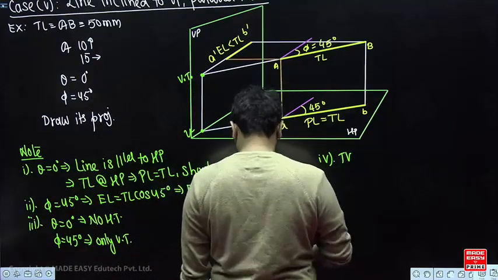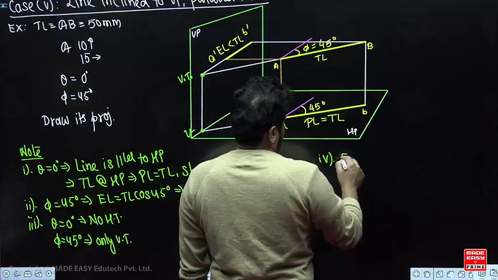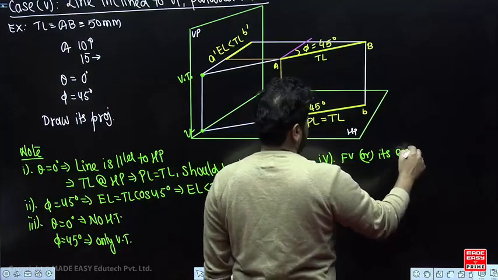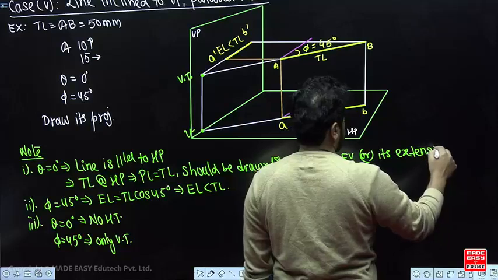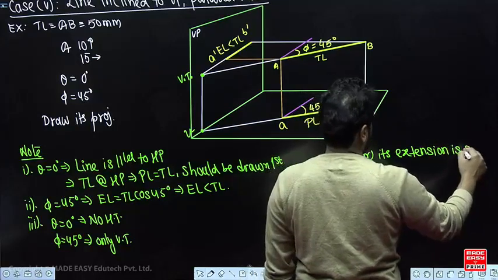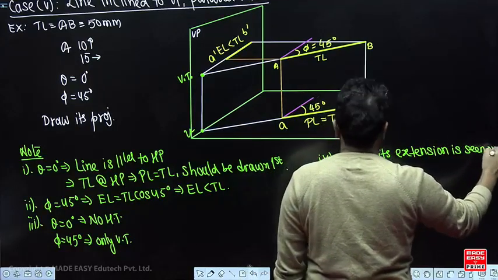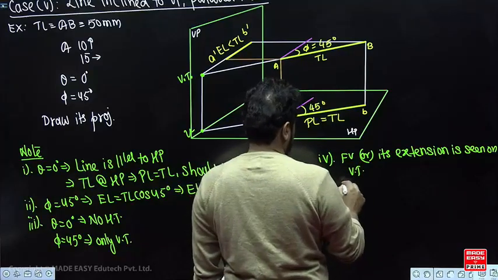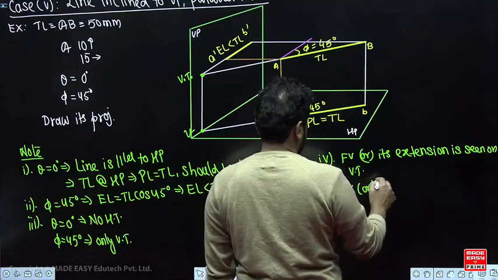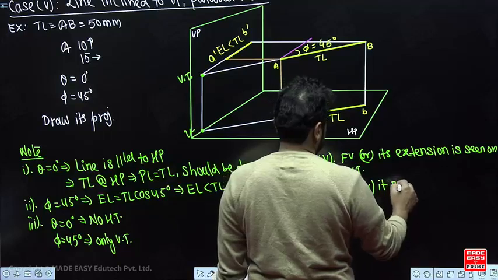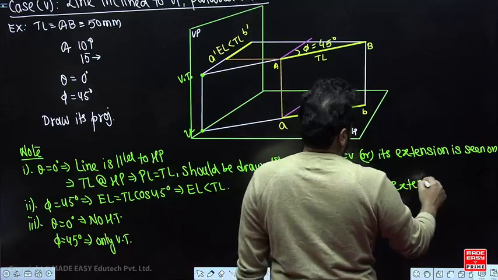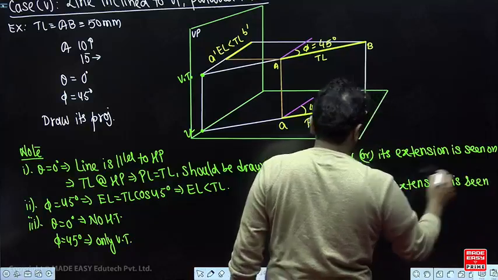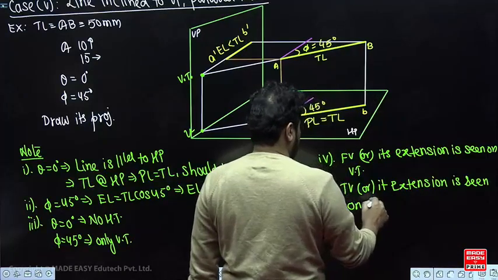Only vertical trace. Fourth, front view or its extension is seen on vertical trace. Fifth, top view or its extension is seen on small v.